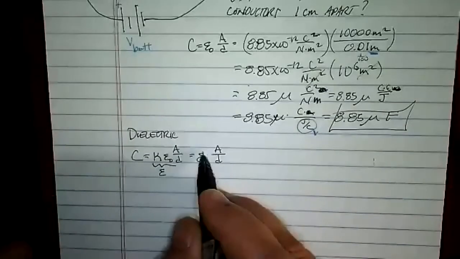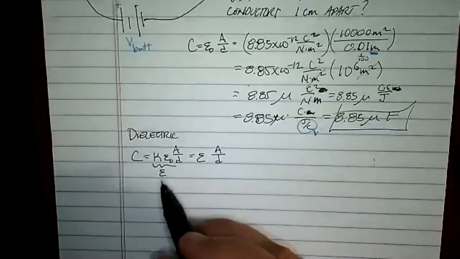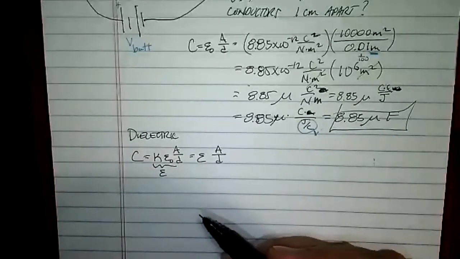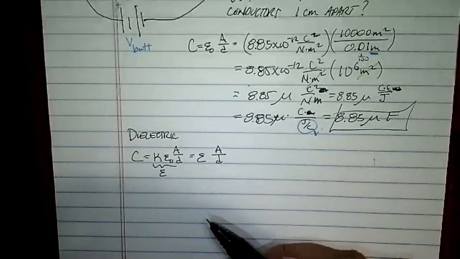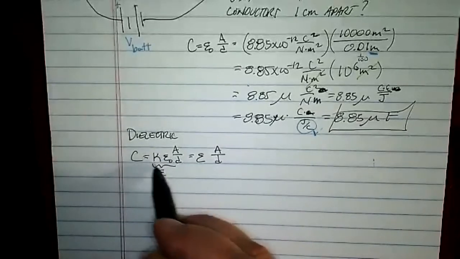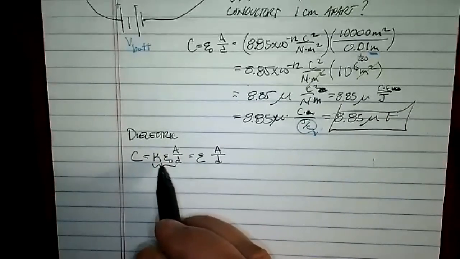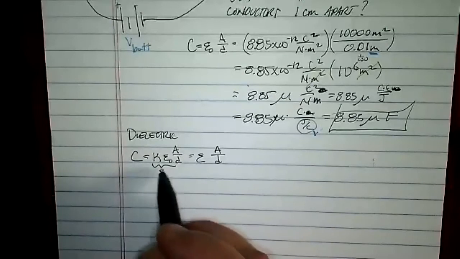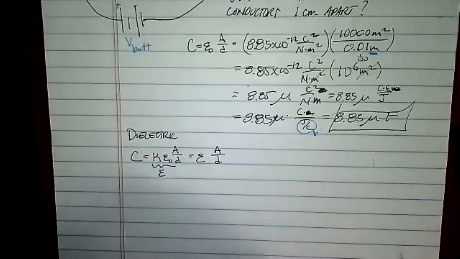And you can look this up in tables. If you look on page 485 of the Giancoli text, table 17-3 has a dielectric constant K, or kappa, which is this value. And then if you multiply that by 8.85, then you get this value, which is the same as that.